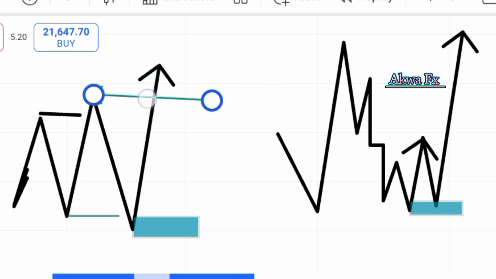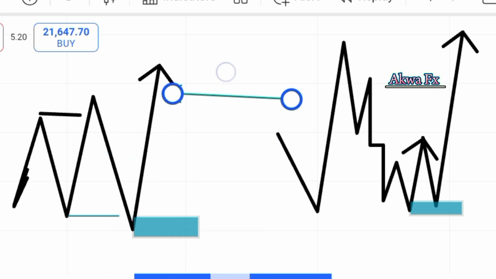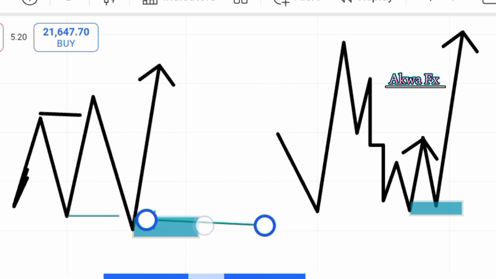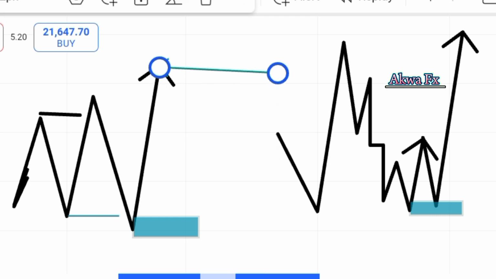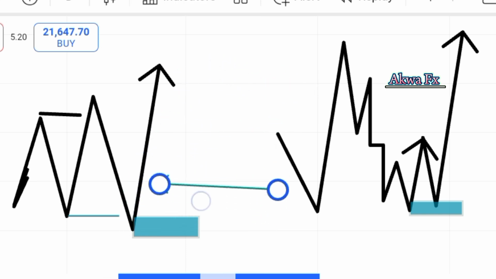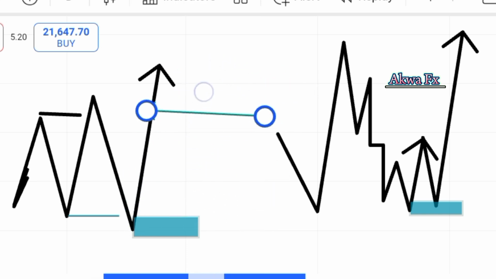So this is why liquidity grab is very okay in this market, because this is how the institutions or the banks make their own money. Without liquidity in the market, they cannot run this market, because they are the ones running this market for me and you. So this is the first picture of the liquidity that we are going to be looking at.